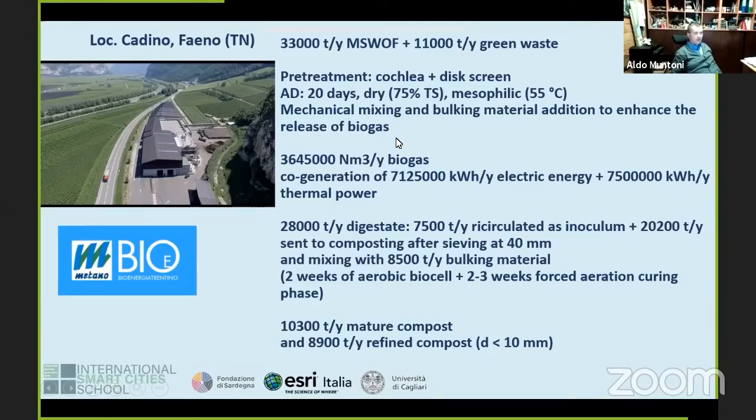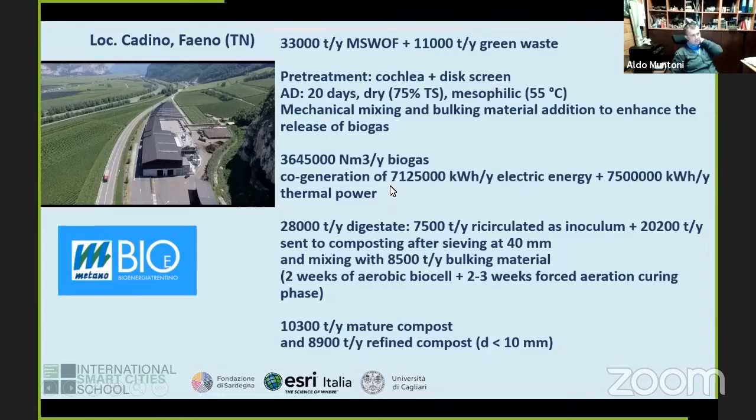It manages all the organic waste produced in the area of Trento, and from about 30,000 tons of food waste, they are able to get a significant amount of biogas, which is used to produce electric energy and heat. And with the solid material which is still found after the anaerobic treatment, they are still able to produce compost.